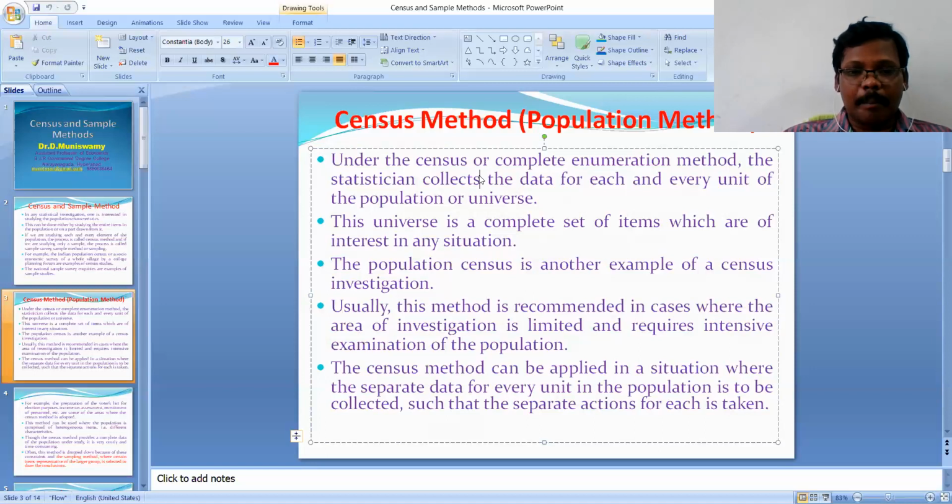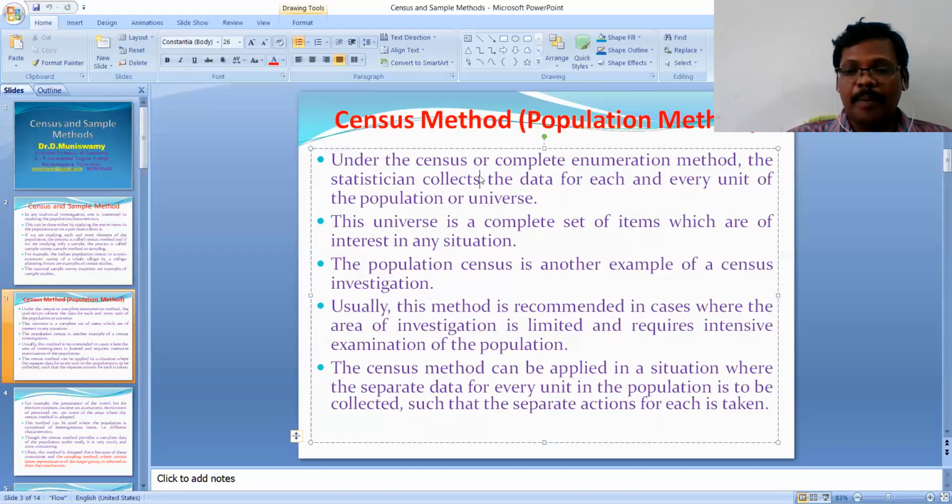The census method can be applied in a situation where separate data for every unit of the population is to be collected, such that separate action for each is taken. So the census method is applied where separate data of the population is collected, and we take the information from all the units separately.